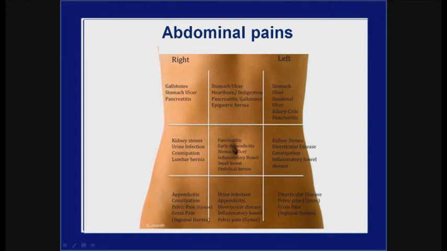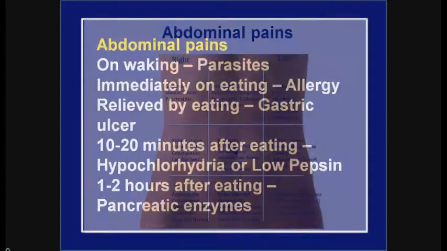And then down in the inguinals, we've got appendicitis, constipation, pelvic pain, that would be more gynecological, and inguinal hernias. Similarly on the left side there, and in the middle, on the hypogastric area, we've got urinary infections, appendicitis, diverticular disease.